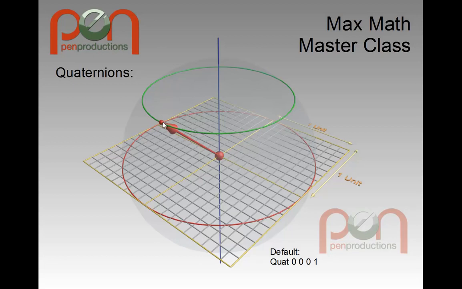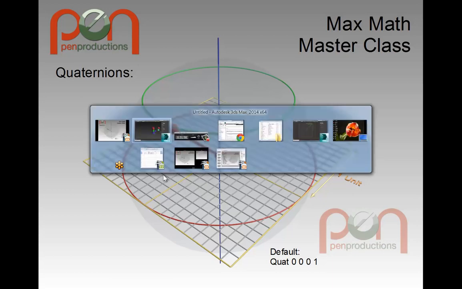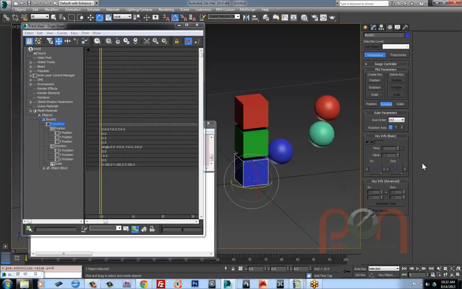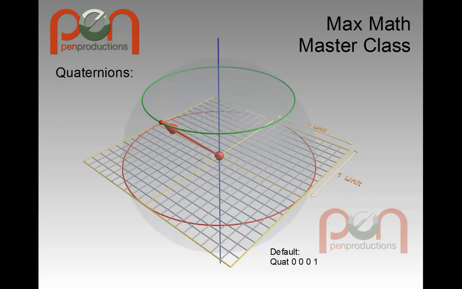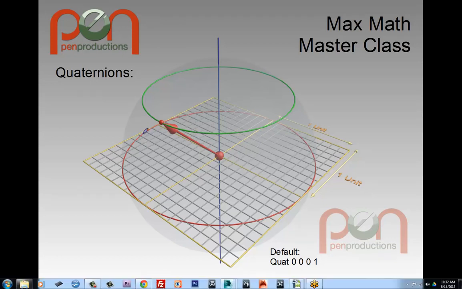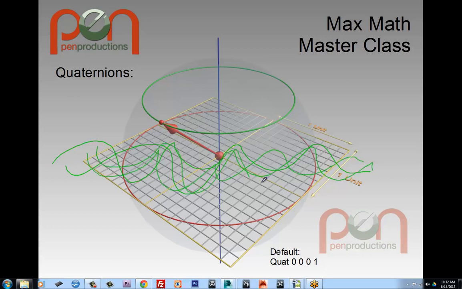If you look at function curves for a sphere in a quaternion rolling over and over in a ball in a straight line, X, Y, Z, and W are the values. You'll get X, you'll get Y, you'll get Z, and you'll get W.